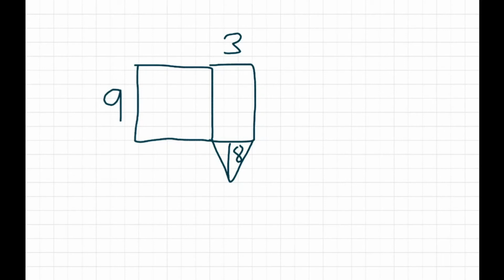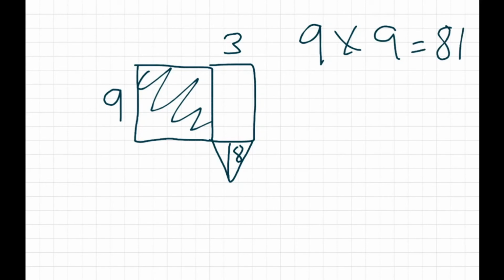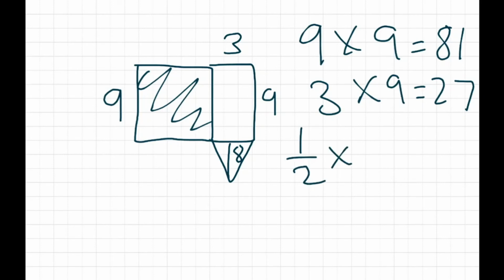Okay, so hopefully you paused the video and tried to solve it. So let's find the area of this first. 9 times 9 is 81. So the area of the square is 81. And then for the rectangle, we know the length is 9 because of this side length of the square. It's attached to it. So 3 times 9 is 27. And then for the triangle, we would do half times 8 times 3 because the base would be 3 since it's attached to the rectangle.